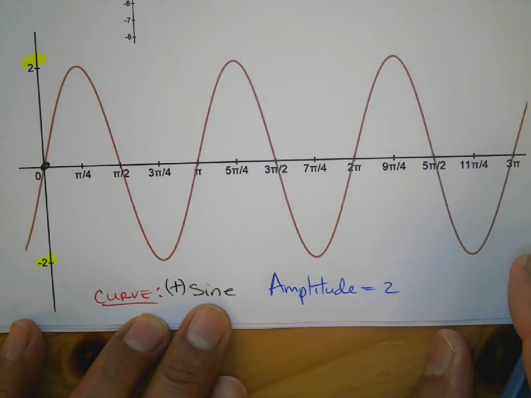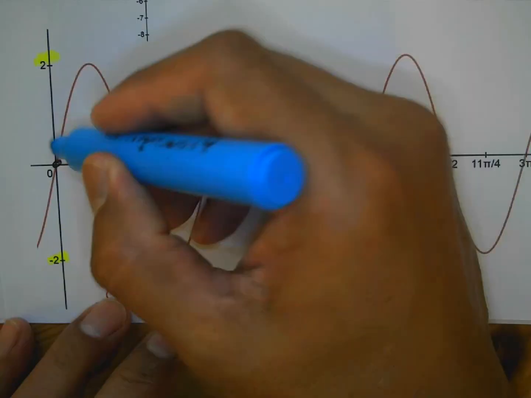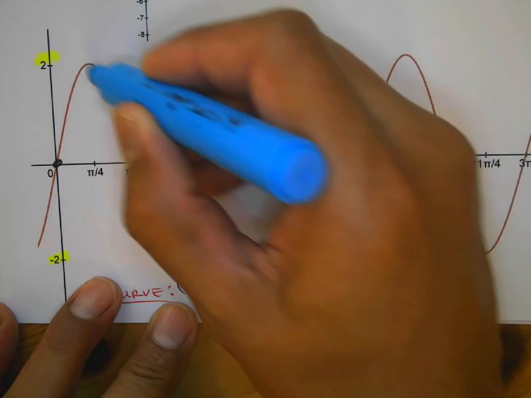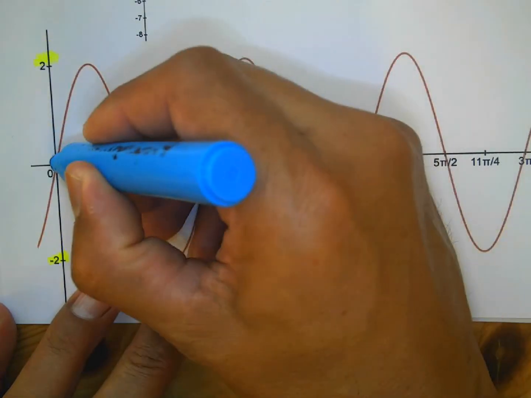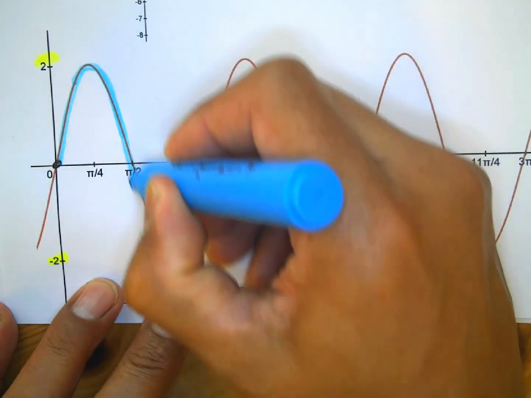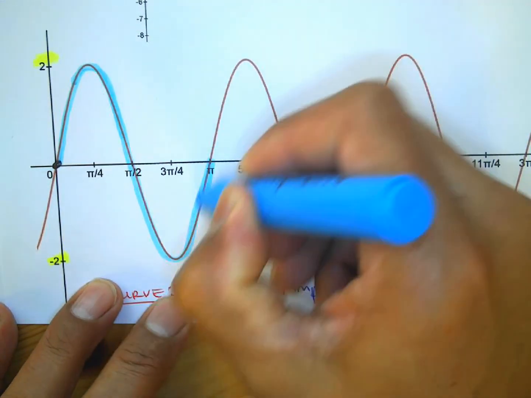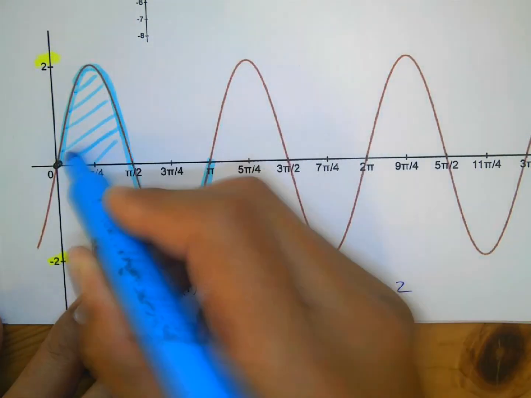And finally, the period. Well, let's follow this. Starting here, it's going to go up once and under once. How long does it take to come around, complete that one cycle, and then start again and repeat that same cycle? Here's my top half.